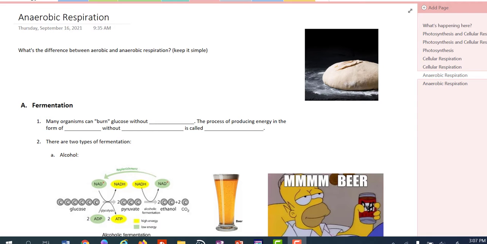All right, everyone, as promised, just a recap here of anaerobic respiration. So what's the difference between aerobic and anaerobic?